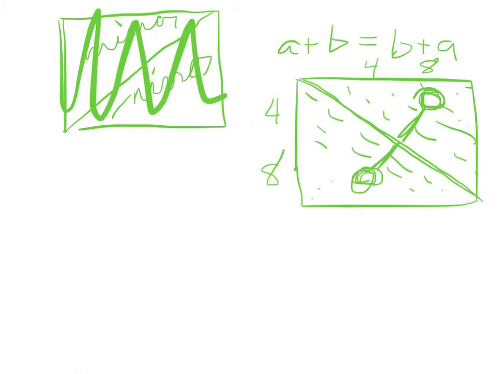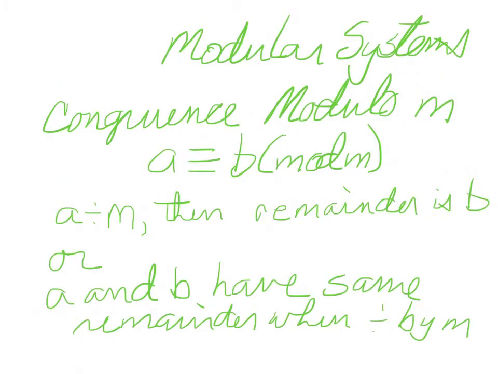And that's why it's commutative. So what we really have is not only is clock arithmetic a group, but it's actually a commutative group, which is kind of nice.